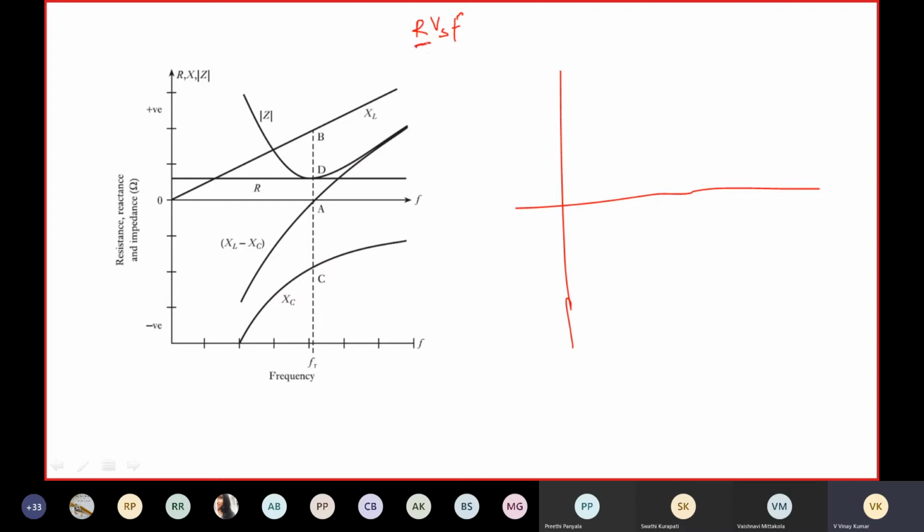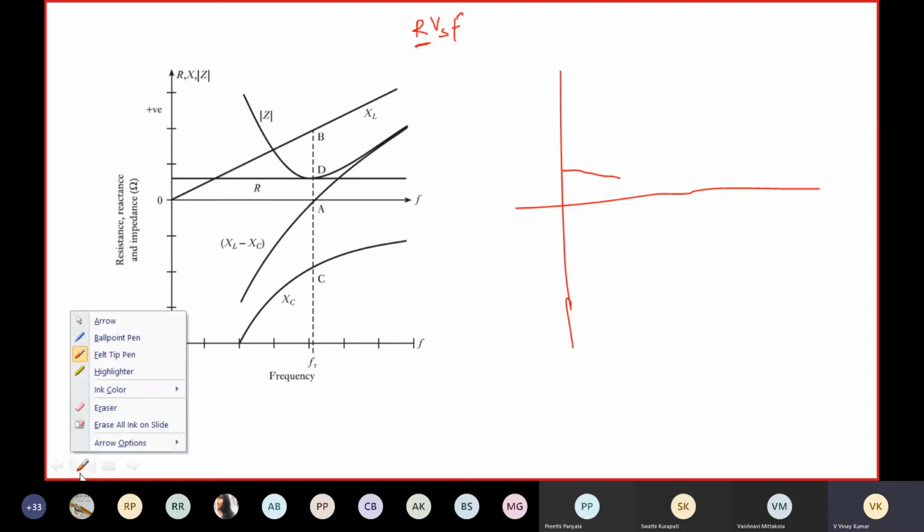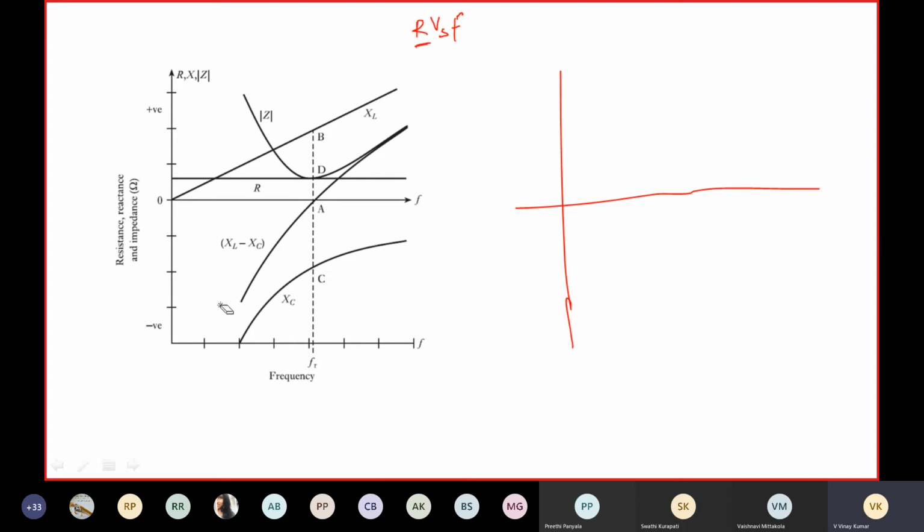Resistance is independent of frequency, so resistance will be constant. This is R. Resistance doesn't change with respect to frequency, right?